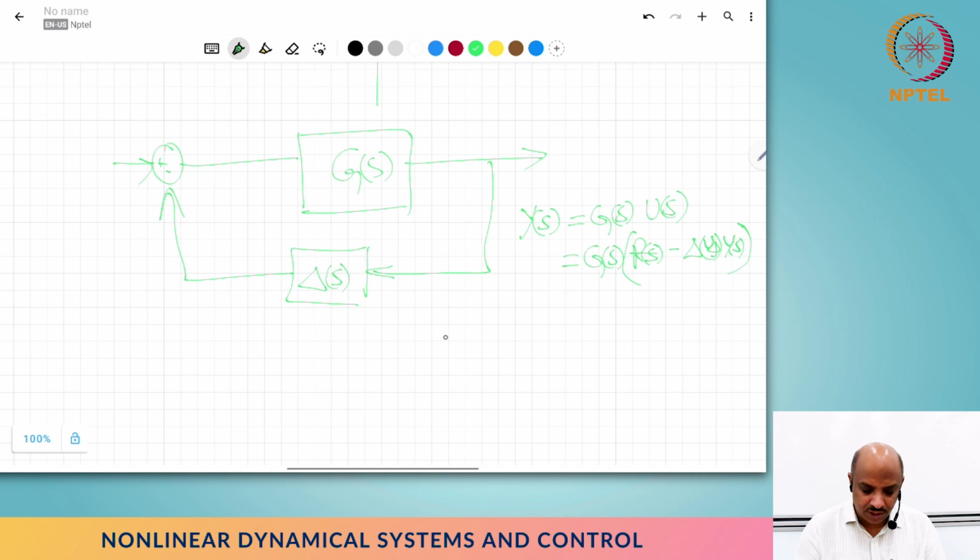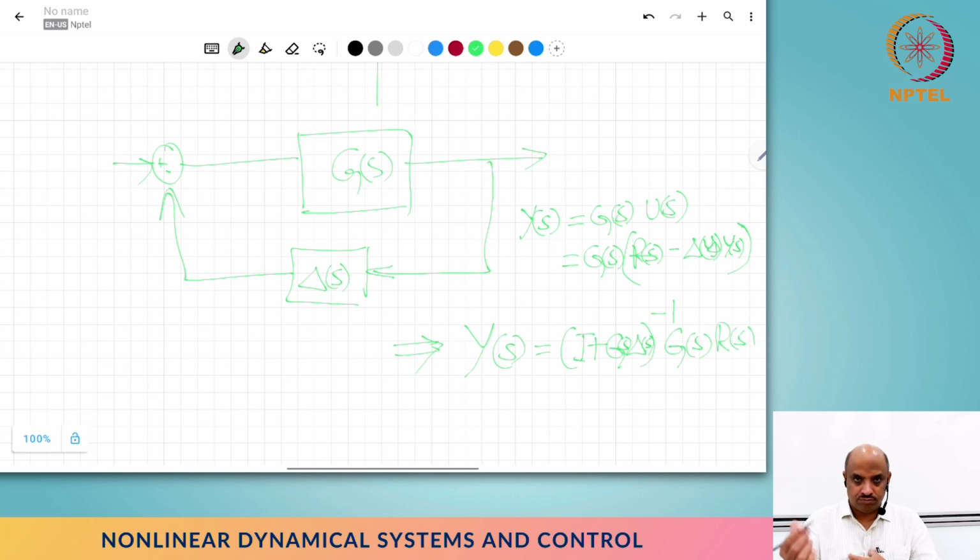So after all is said and done, you're going to get Y(s) as (I plus G delta) inverse G(s) times R(s), right. This is the multi-variable case. In the scalar case, this looks like Y(s) equals G over 1 plus G delta.